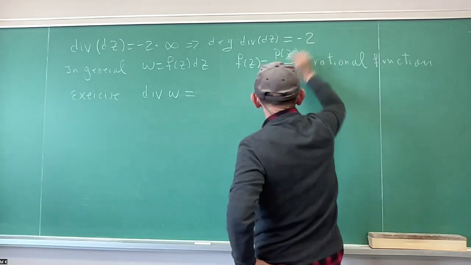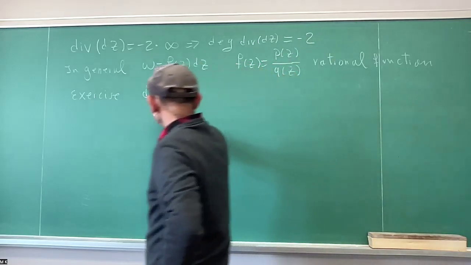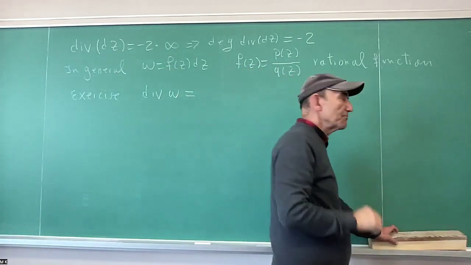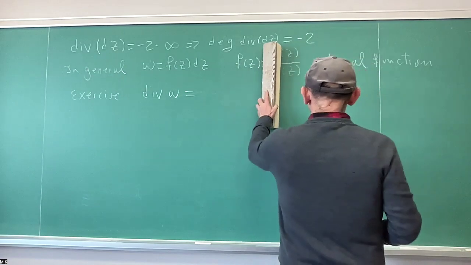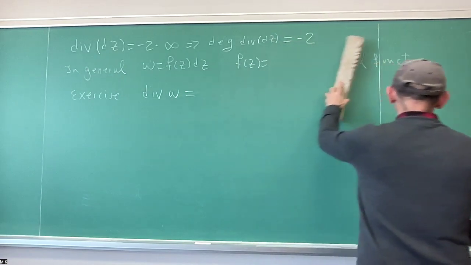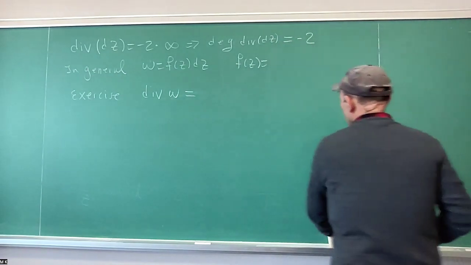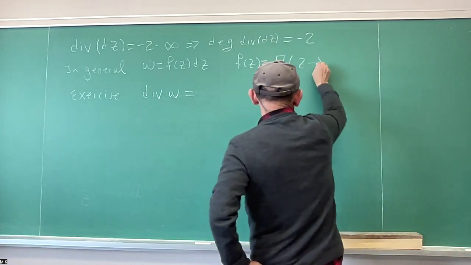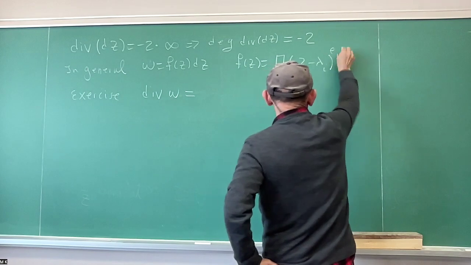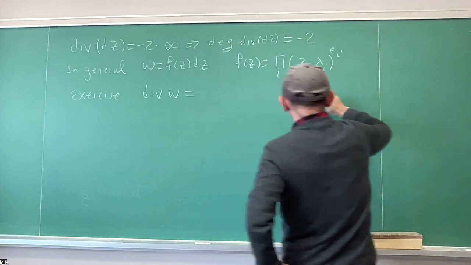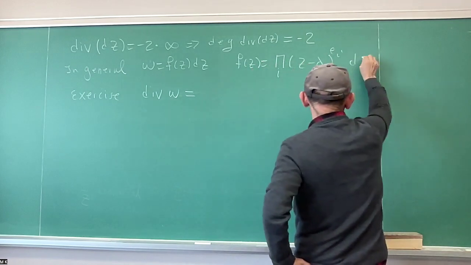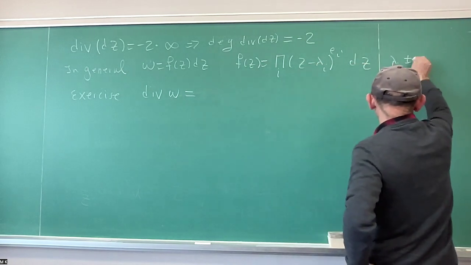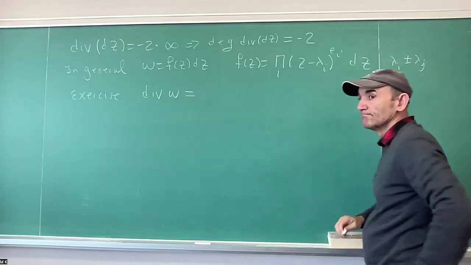In this case, it is better to write it in a different form, with the product decomposition. Let me write it as the product of (z minus lambda_i) to the power e_i, over i, and then dz, where lambda_i is different from lambda_j.